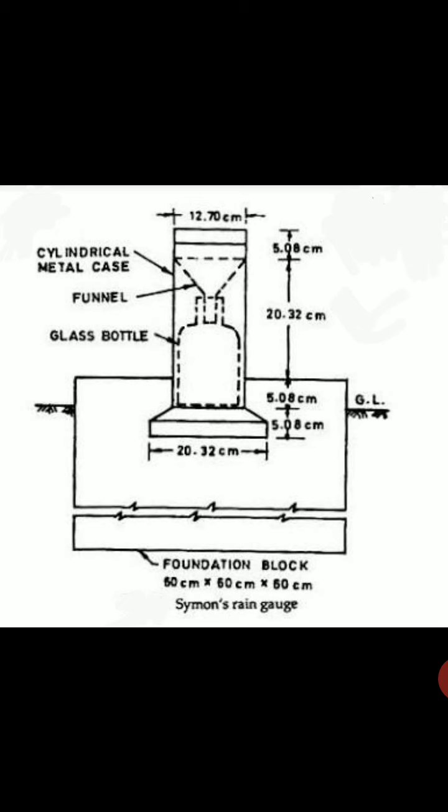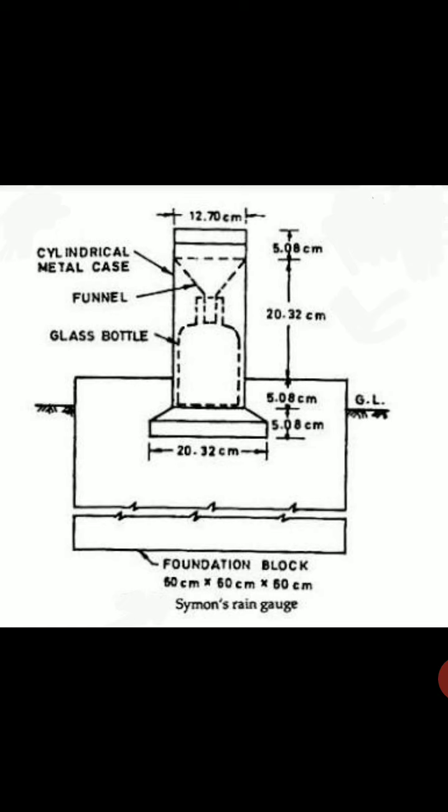203.2 mm diameter. At the top of the case, a funnel is fixed which is provided with a brass rim measuring exactly 127 mm inside diameter. The funnel shank is inserted in a glass bottle placed inside the case.